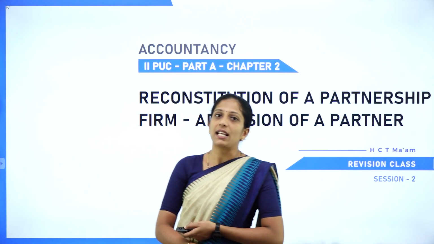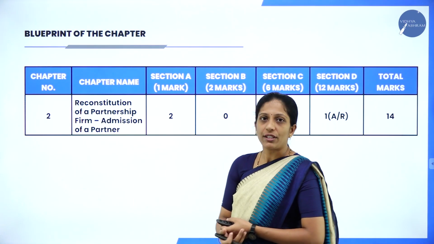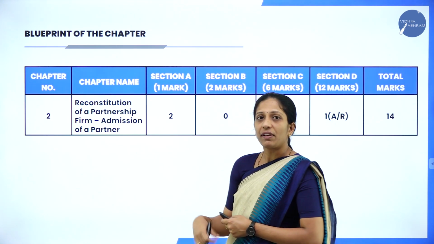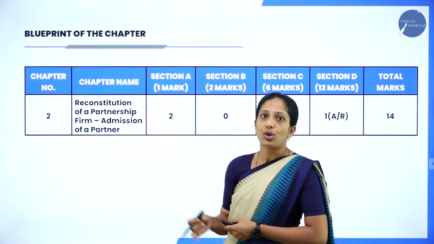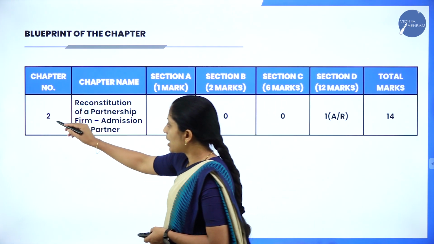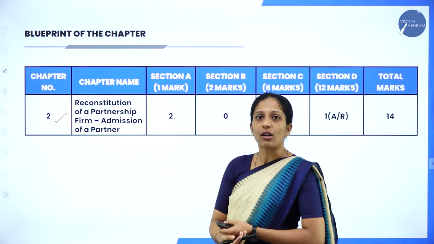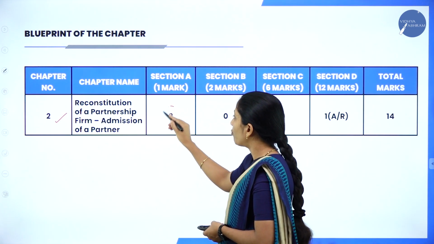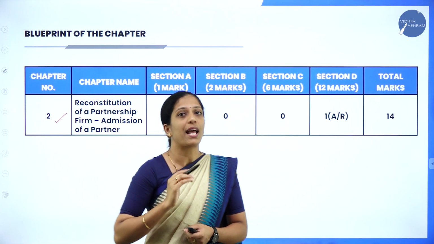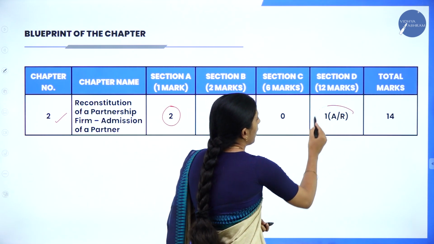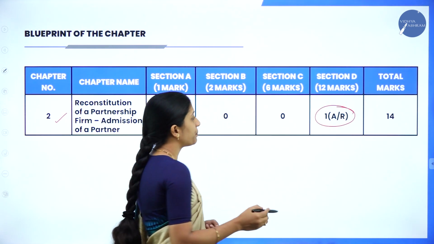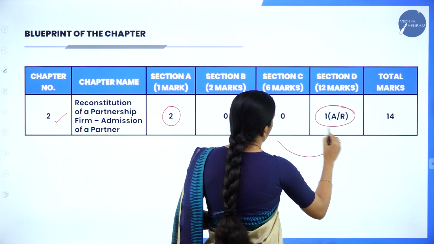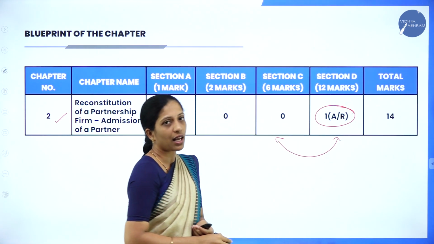So before beginning the session, let us see the blueprint of this chapter. Already we know the chapter weightage. The chapter number is 2 and the chapter name is Reconstitution of a Partnership Firm, Admission of a Partner, where we have 1 mark 2 questions as well as 12 marks 1 question. And I have clearly told you there is an alternative between 6 as well as 12 marks between the admission and the retirement chapter.